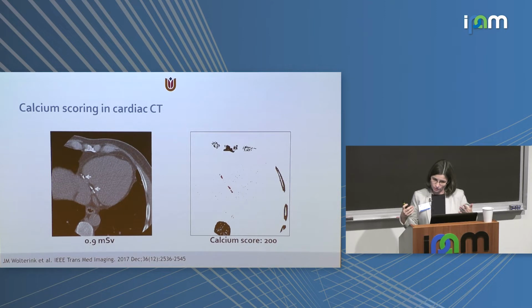Because of the definition of calcification above a certain density, the scan is thresholded, and then you see all the areas of intensity above 130 Hounsfield units. So those are indeed lesions we are looking for, but also bones and noise, and in case of metal implants, they also show up. And here you see that it's actually easy to identify which of the candidates are true lesions that we are looking for, indicated in red.